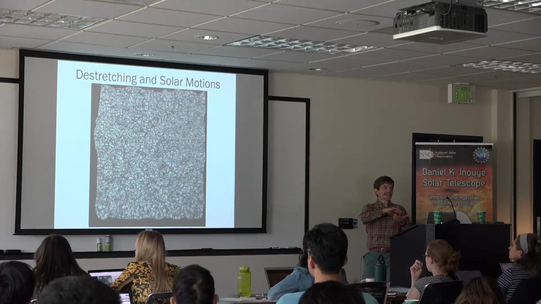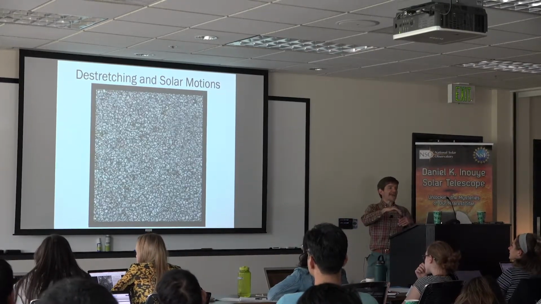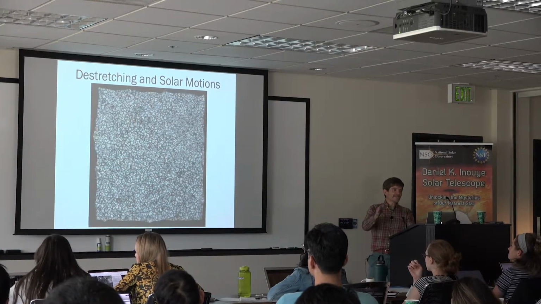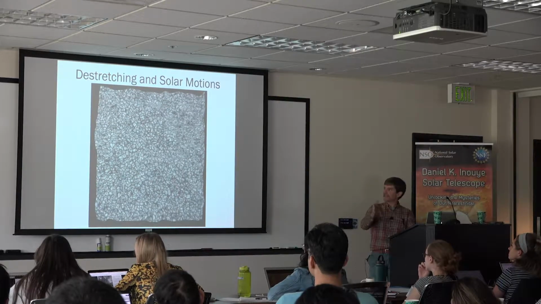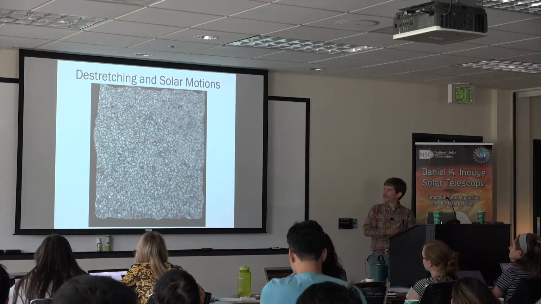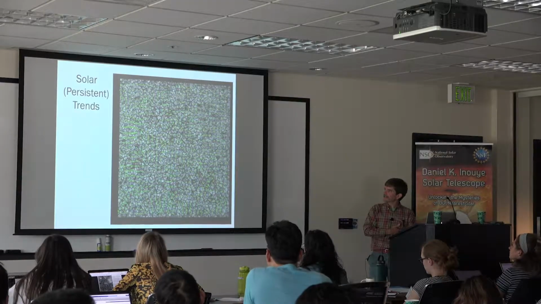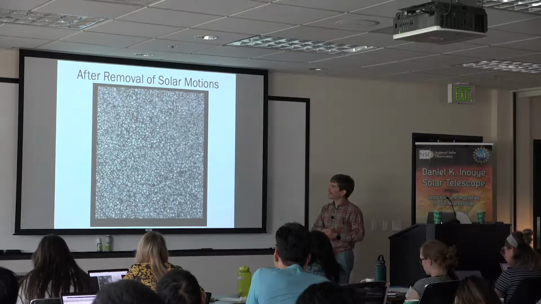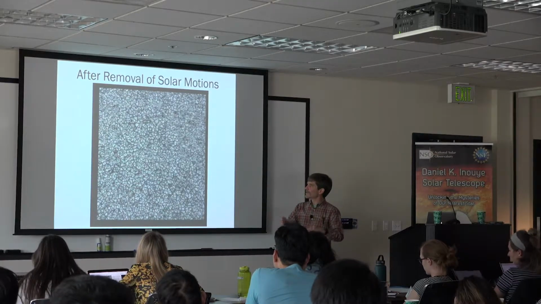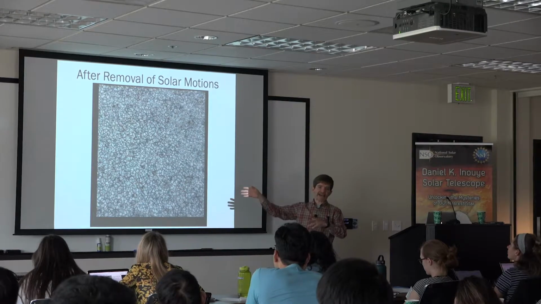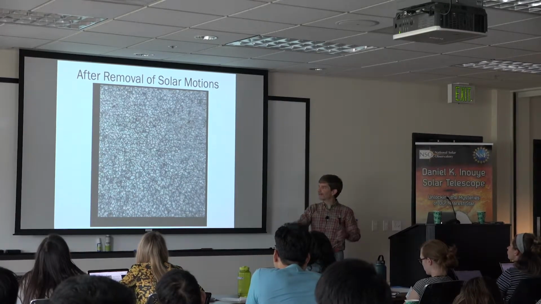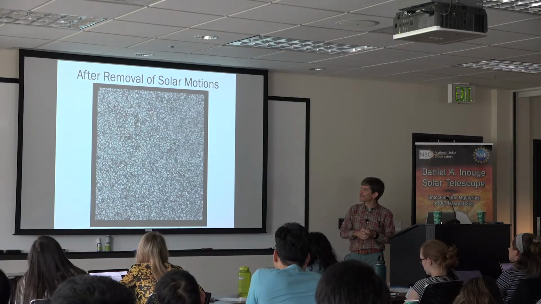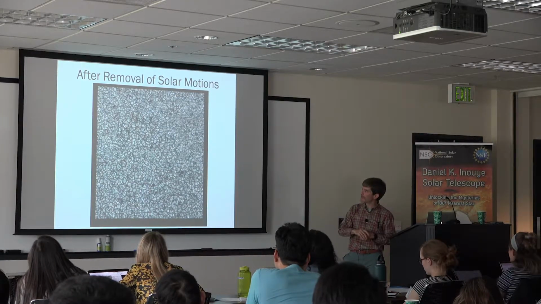So what we do is you take out any cumulative motion, any gradual flow that persists over time. We fit that with a polynomial or smooth it, take that out, because we assume that's solar motion. And if we do that and take out the flows, and these flows will also evolve in time, that's why we can't just take out the average, we have to take out a gradual fitting to the steady or time averaged motions.